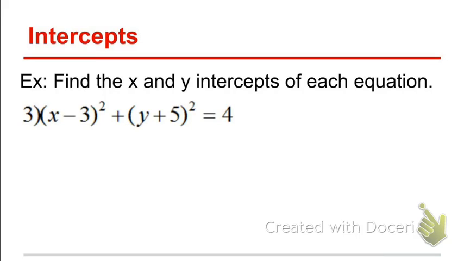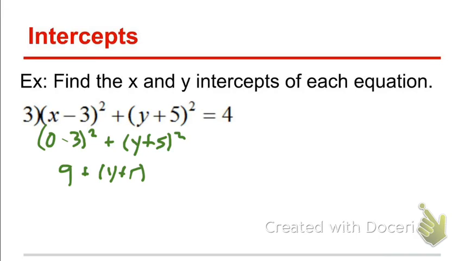So when you plug in 0 for x, you get (0 minus 3) squared plus (y plus 5) squared. That's going to become a 9, because 0 minus 3 is negative 3, squared is 9, plus (y plus 5) squared is equal to 4. Then you subtract 9, and you get (y plus 5) squared is equal to negative 5.